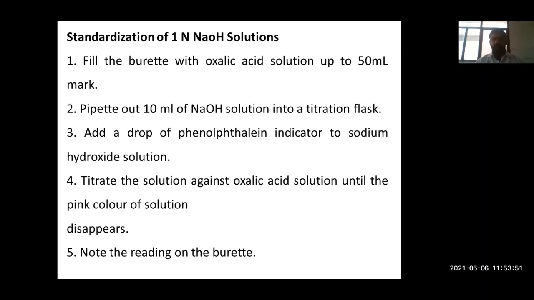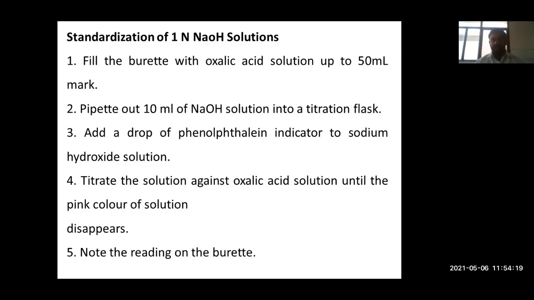Add 1 drop of phenolphthalein indicator to the sodium hydroxide solution and mix it further. And titrate the solution against the oxalic acid solution until the pink color of the solution disappears. As I have already told you, phenolphthalein is a very good indicator in acid-base conditions. It produces a pink or dark pink coloration in basic condition, while it is colorless in acidic conditions.